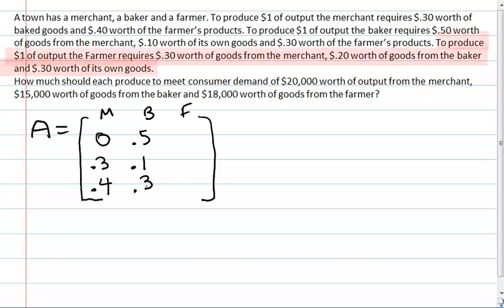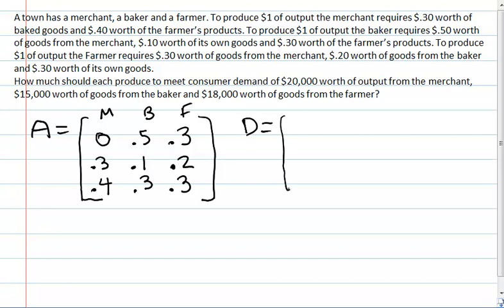The farmer, to produce $1 worth of output, requires 30 cents worth of goods from the merchant, 20 cents worth of goods from the baker, and 30 cents worth of his own goods. So there's the input-output matrix, and the demand matrix is coming from consumer demand.